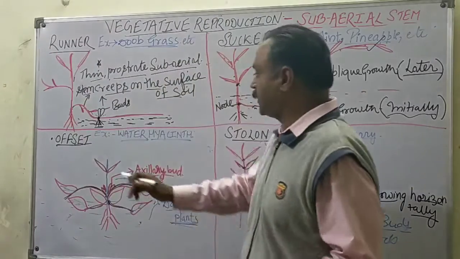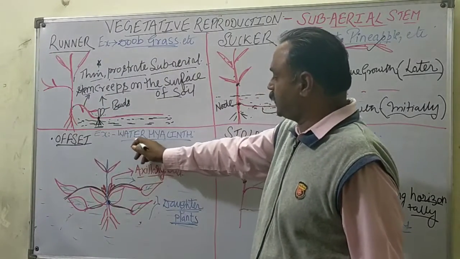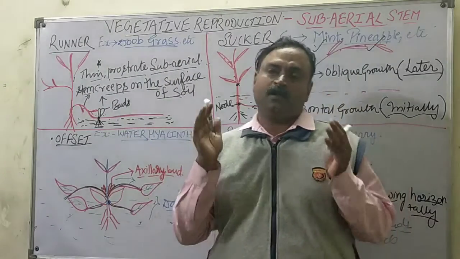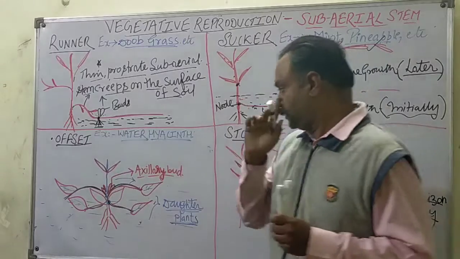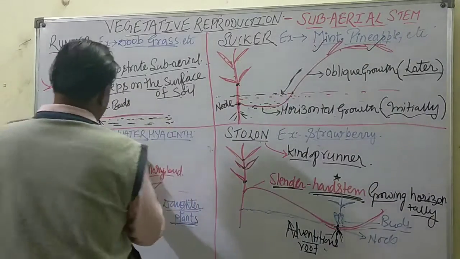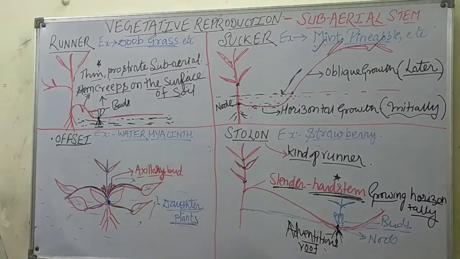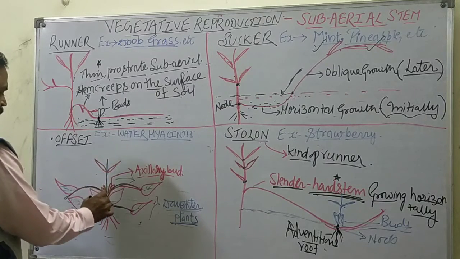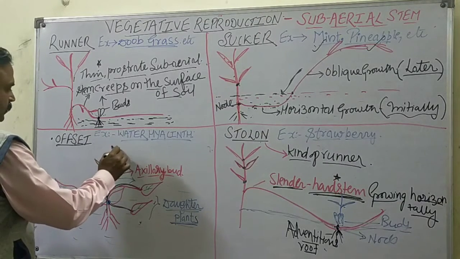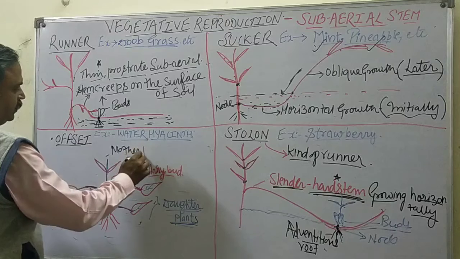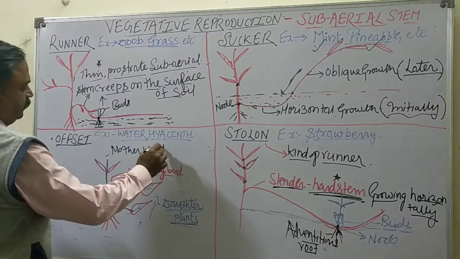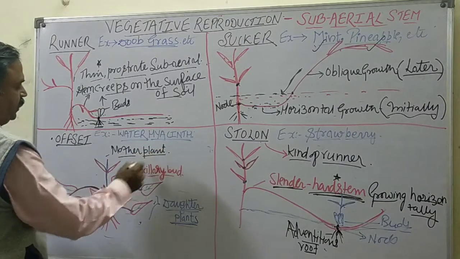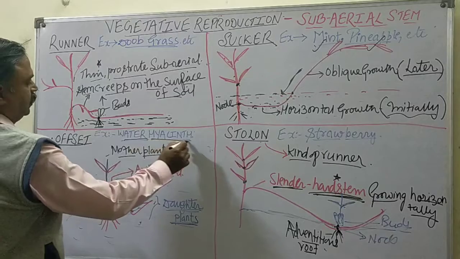Now offset. For offset, the example is water hyacinth. Its botanical name is Eichhornia. Here what happens, children? Here this is the mother plant. This is seen mostly in aquatic plants like water hyacinth or Eichhornia.